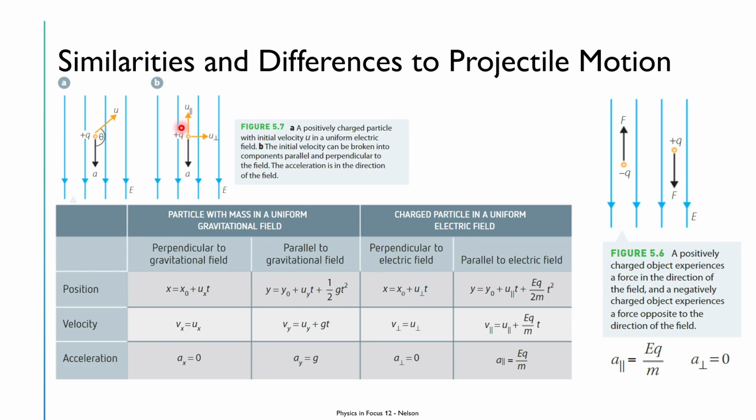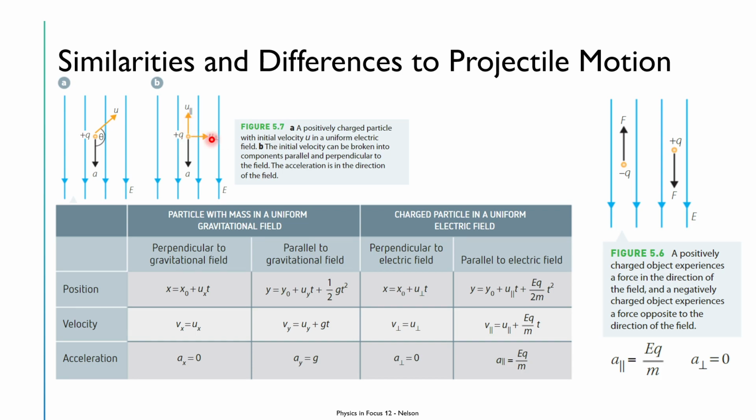So in the same way that we had uy and ux and vy and vx in our projectile motion calculations, here we have u parallel and u perpendicular, where u parallel is one perpendicular component which is parallel to the electric field. Note here that this u parallel is actually anti-parallel to the electric field, so we can have u moving against the field, just like we do when we have projectiles moving against the gravitational field in the y-axis.